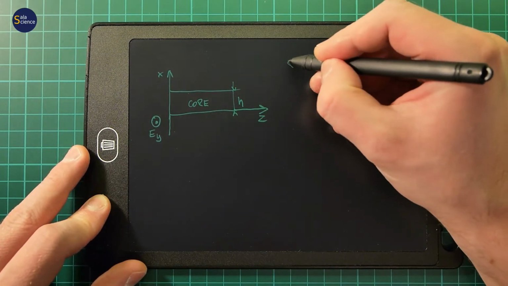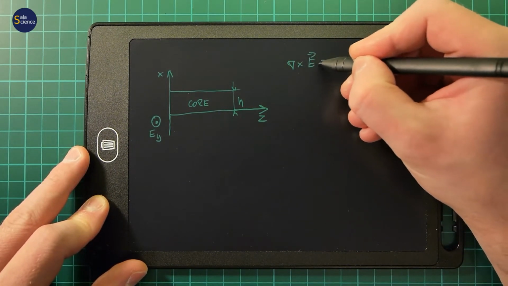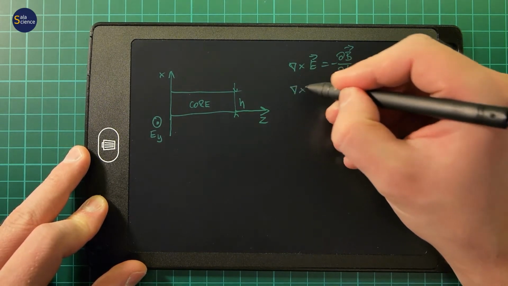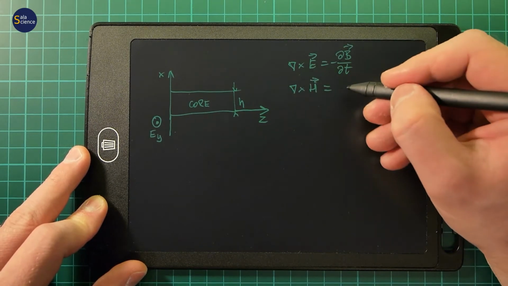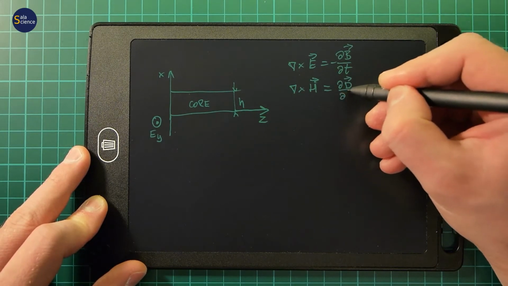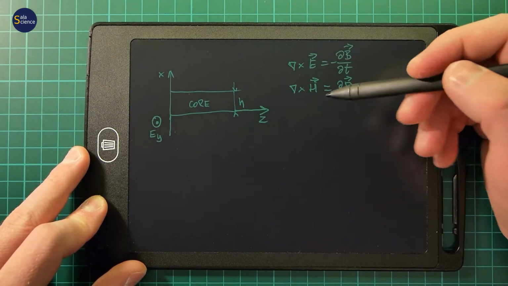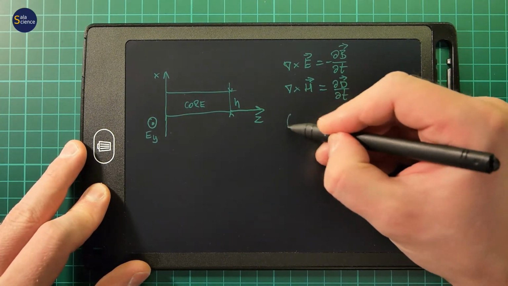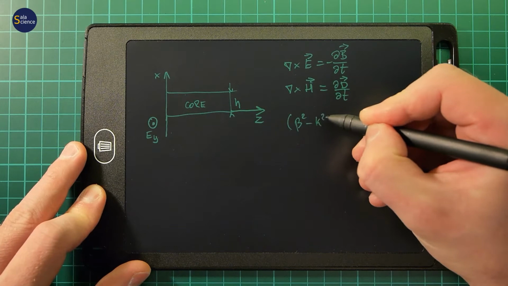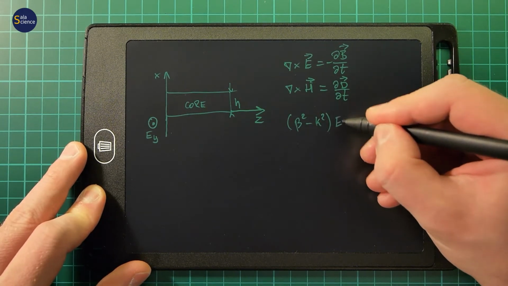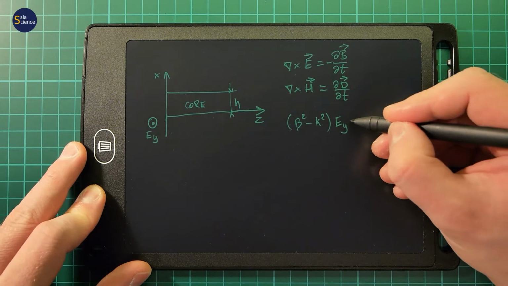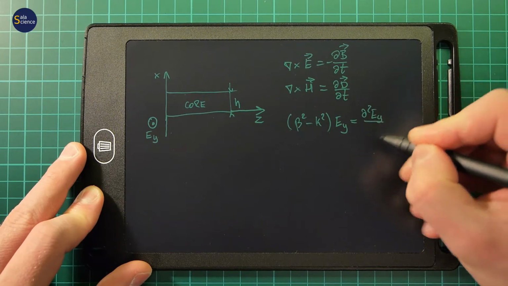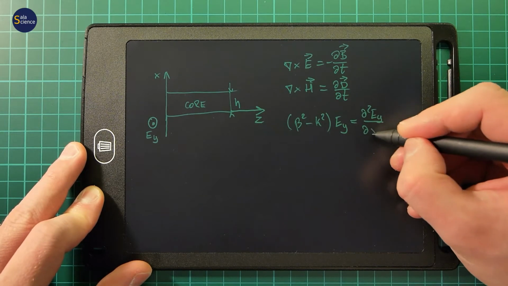From Maxwell's equations, from these two, curl E equals minus dB/dt, and from the second one, if we expand the curl and substitute the Fourier mode, we can calculate that (beta squared minus k squared) times the amplitude, this is the amplitude, not the electric field, but the amplitude of the electric field, equals the second derivative of the electric field with respect to x.